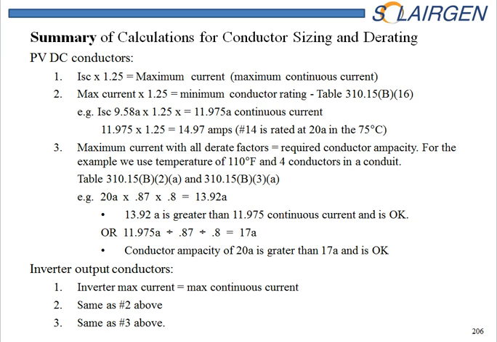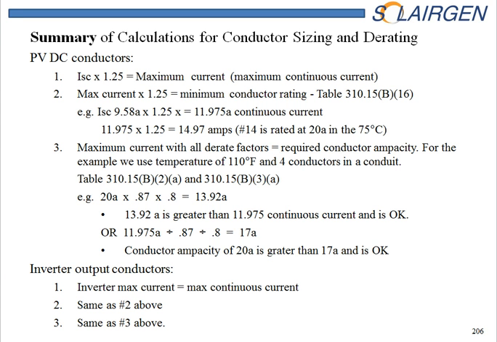The fact is the irradiance can be higher than that, so the National Electrical Code directs us to make a calculation to compensate for that. So they said let's go with 1,250 watts per square meter. So we take the ISC times 125%, and that gives us the maximum continuous current.